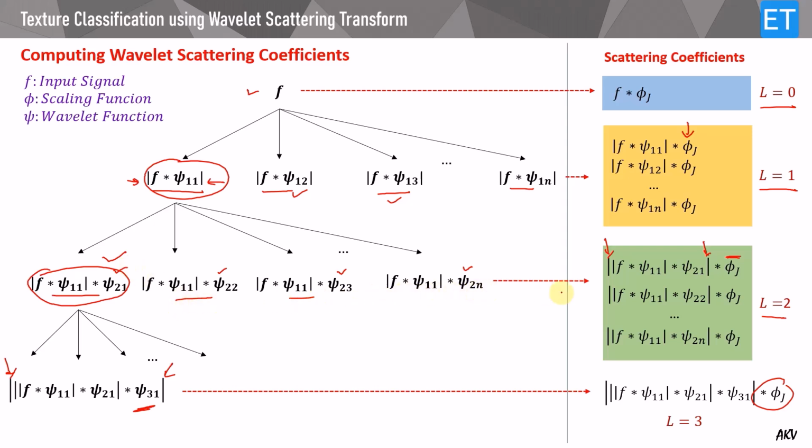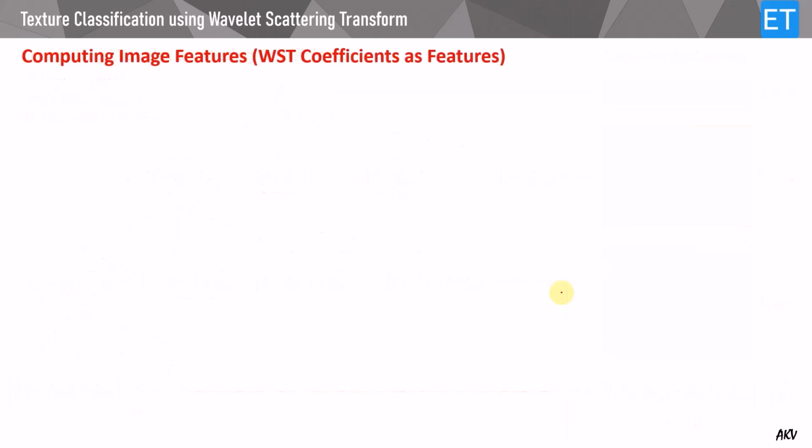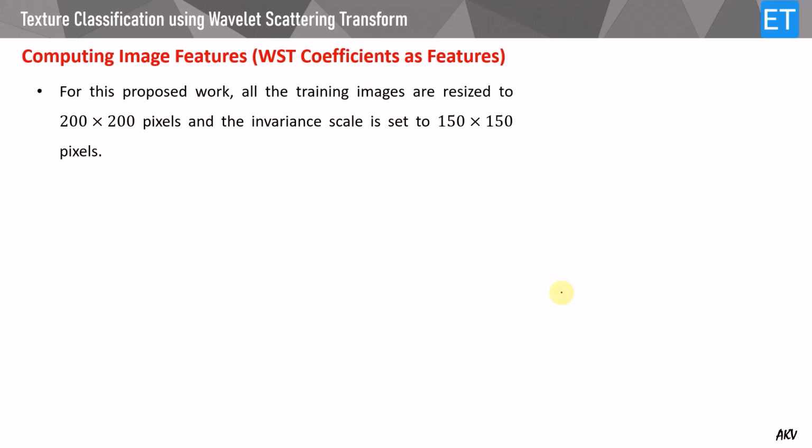So here you can see that this tree is expanding very hugely at every node. So obviously it is computationally hungry, but the scattering coefficients we achieve are very capable of representing the image features.